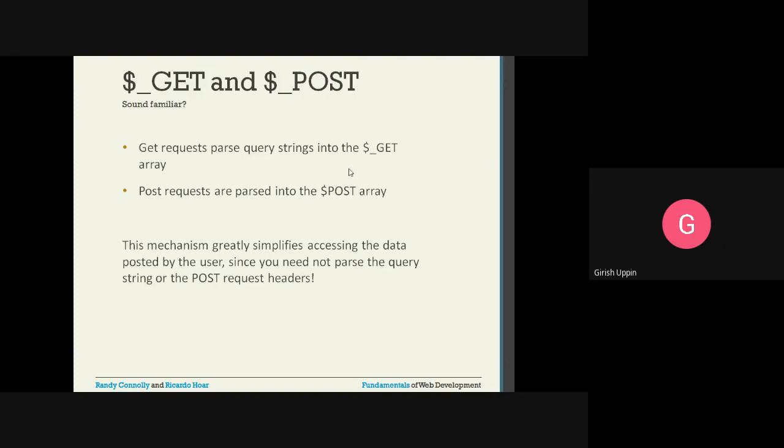In our case, whatever the user entered in the username field was mapped to the key uname, so using uname we accessed it. The example I showed is a GET method.